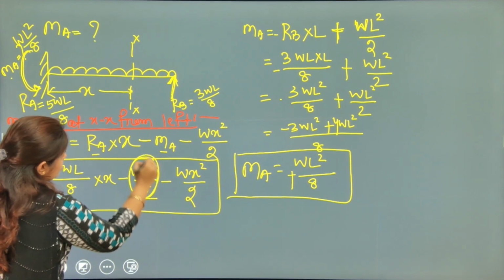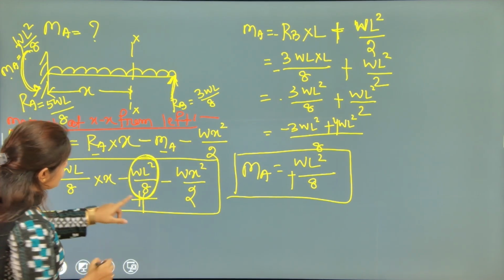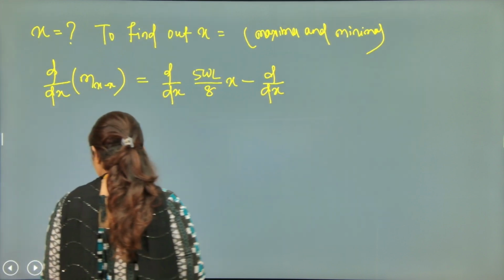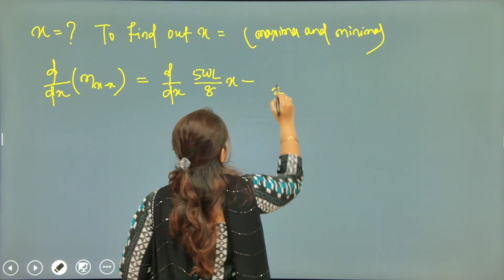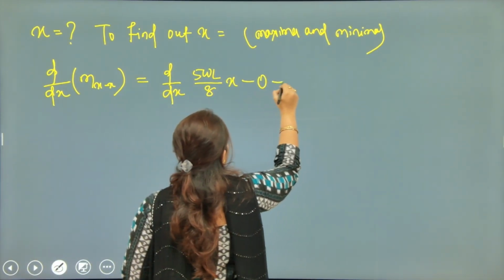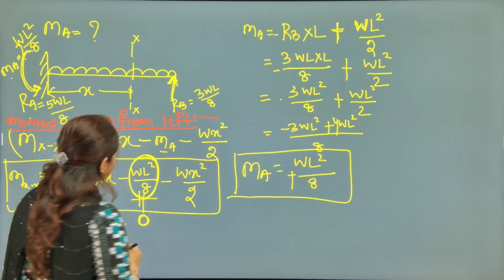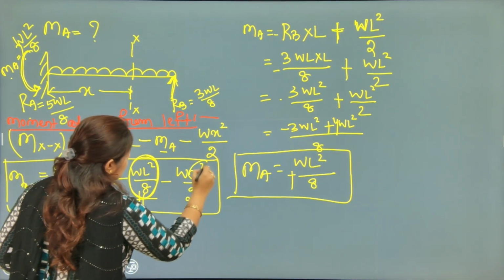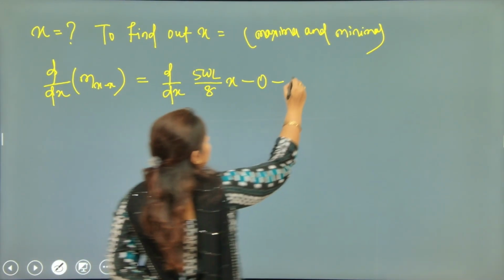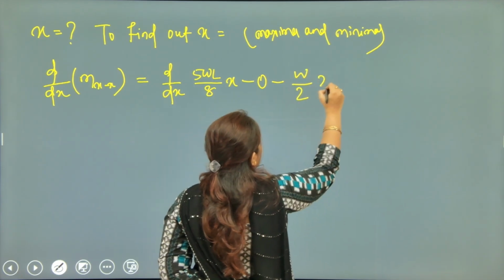Here you can see this is a constant, no x is here, so we will take it directly as 0. Minus 0 minus Wx square by 2, W by 2 is your constant, for x square we will have 2x.